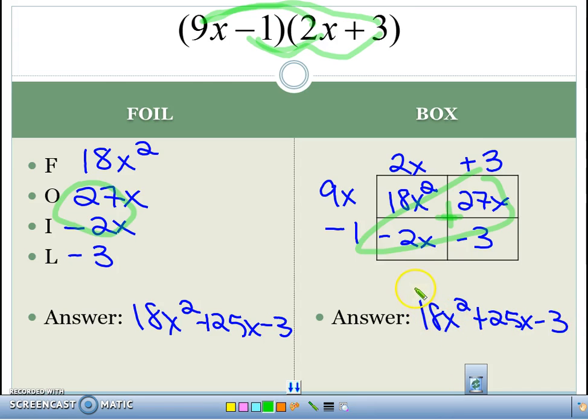It's always descending order, highest power to the lowest power. Please copy both so you can compare and contrast the FOIL method versus box method. Box method works for every problem. FOIL method only works for binomial times binomial.